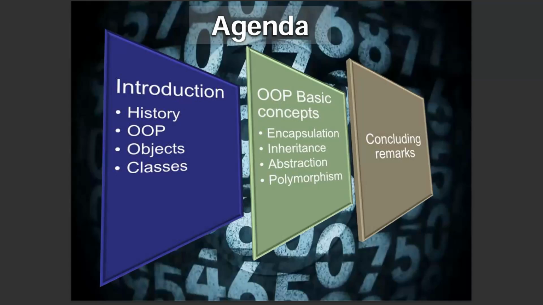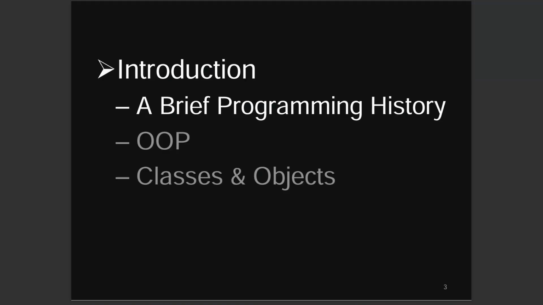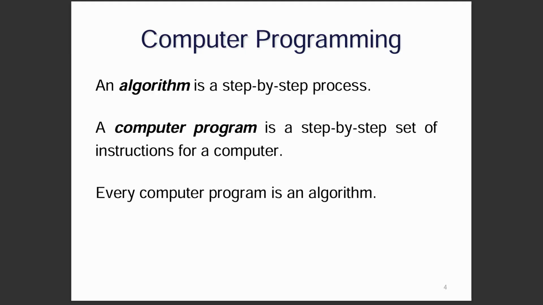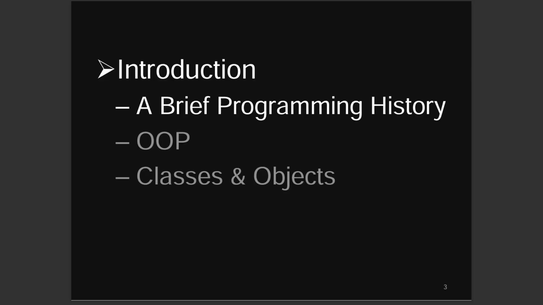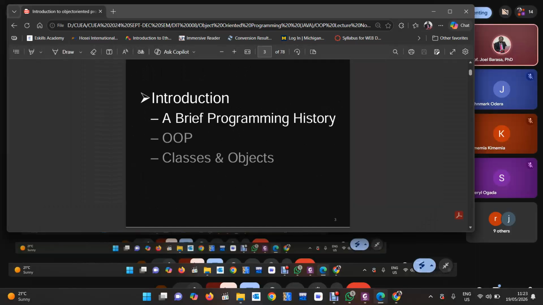Then we shall look at the object-oriented basic concepts: encapsulation, inheritance, abstraction, polymorphism with their definition of terms. Now, in brief, programming systems started some long time ago, and for us to have that, we have to have what is called the breakthrough, and first of all, what stands behind the term object oriented.